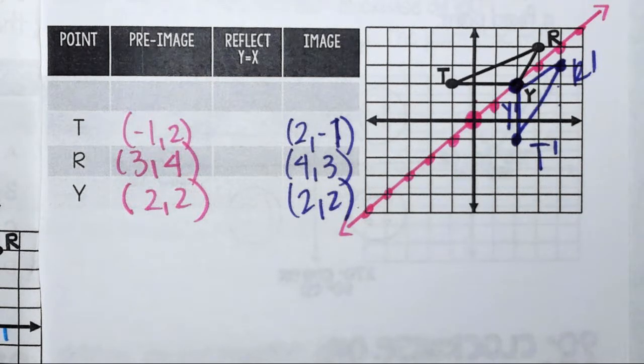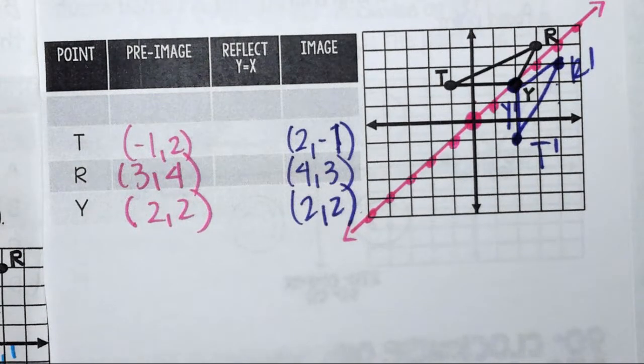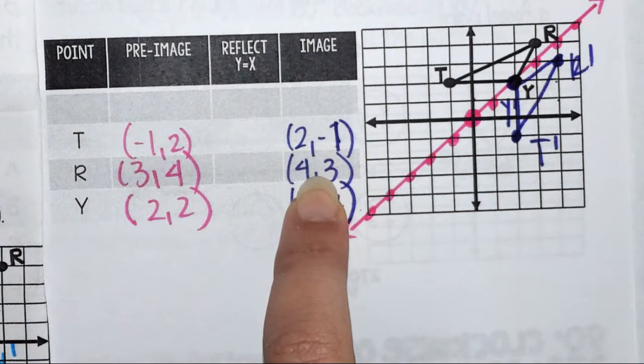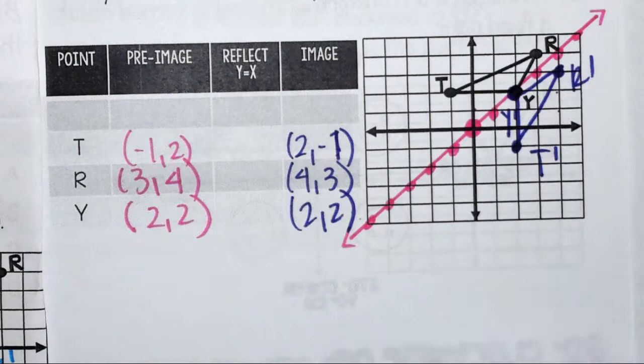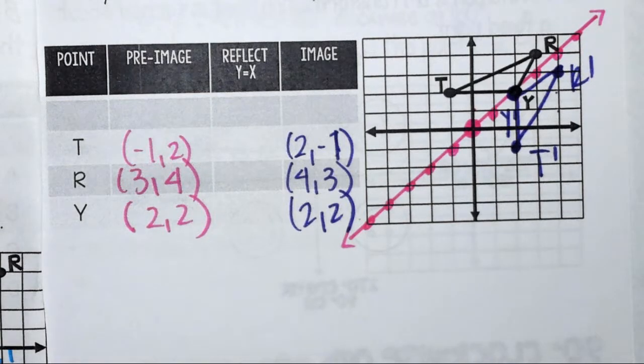That's 4, 3, R prime. Okay, I got it. I'm good.